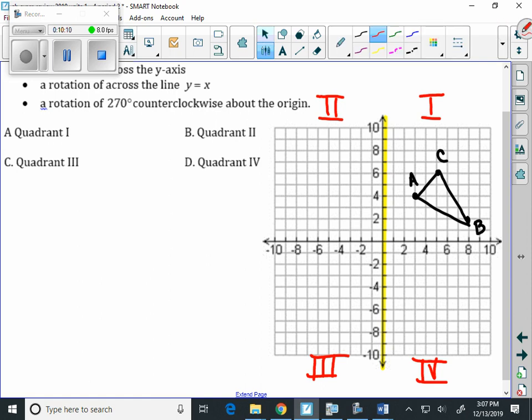A is 3 spaces to the right of the yellow line, so 3 spaces to the left of the yellow line is going to be our new A. C is 1, 2, 3, 4, 5 spaces to the right of the yellow line, so 5 spaces on the other side of the yellow line is our new C. And B is 8 spaces to the right of the yellow line, so 1, 2, 3, 4, 5, 6, 7, 8 spaces to the left of the yellow line.